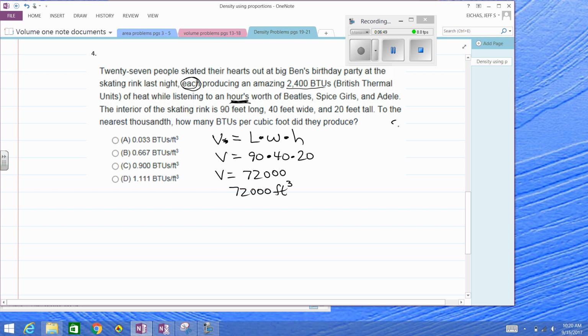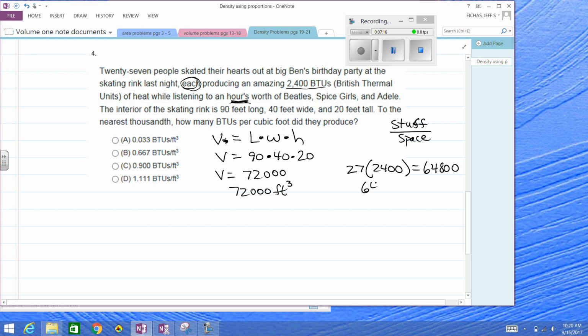Now remember, you might go back to this idea of stuff over space if you like that, for density. So we'll see what happens here in a minute. Now, how much heat is being produced? What you have to remember is there's 27 people each producing that much. So that is going to be, it looks like 64,800.